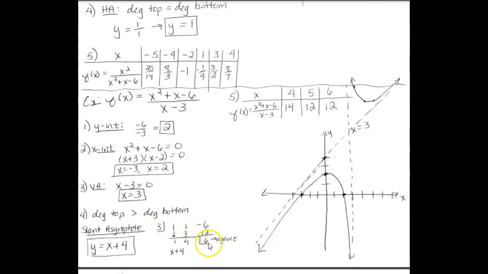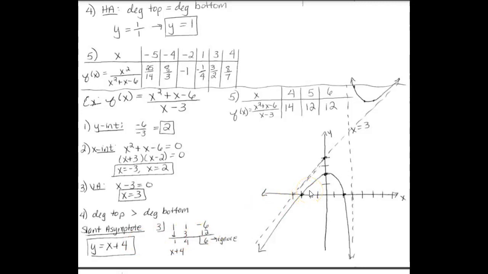And add is a 6. Remember, the last number is the remainder, and we're supposed to ignore it. We don't care about the remainder on a slanted asymptote. So this would be 1x plus 4. So our line, y equals x plus 4, that's the equation of the slanted asymptote.